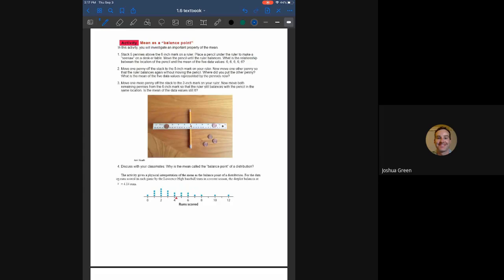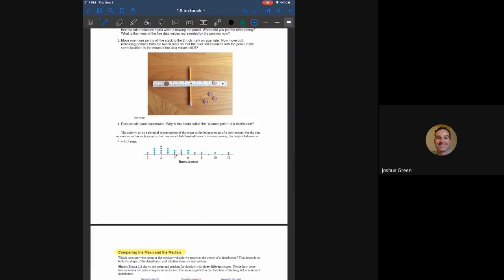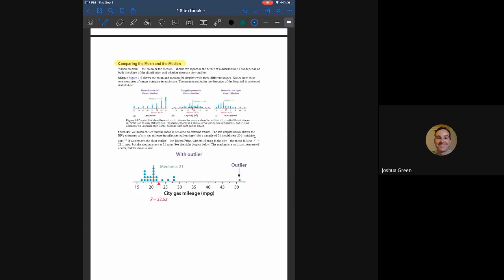You could try it if you want. If you really feel like you need that extra practice, that's what the textbook's all about. It's there to give you more than what you need. And effective use of your time is to take exactly what you need, not take everything. Otherwise, you're going to be spending 45 minutes trying to read your textbook tonight, and that's not what we want you to do.